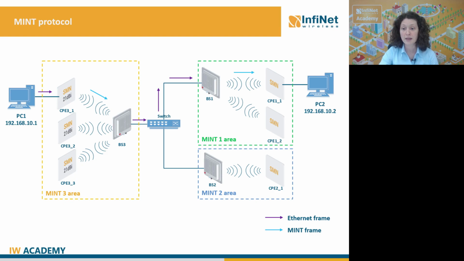Now the frame will enter Mint area 1 and base station 1 will also look into its own table, decide to route the frame through RF and encapsulate it with the Mint header. Let's remember that Mint also performs additional processing, like for example, protocol header compression. Once the Mint frame reaches CPE1_1, it will be decapsulated into the original Ethernet frame and sent to its destination, which is CPE2.